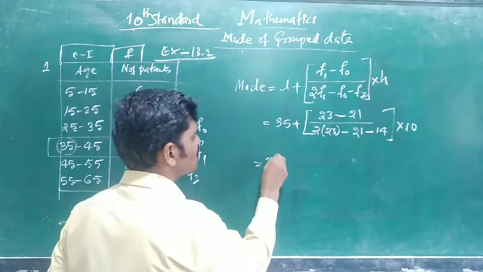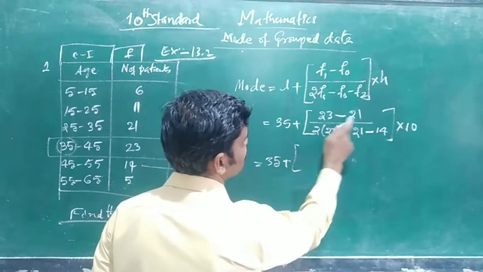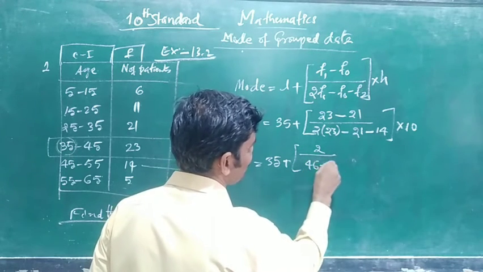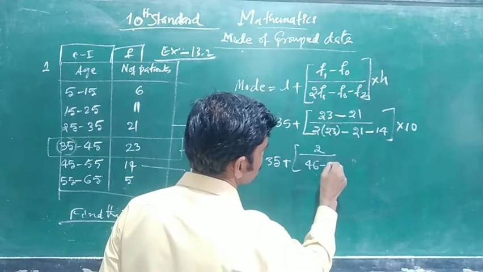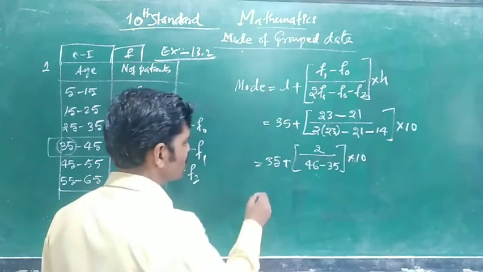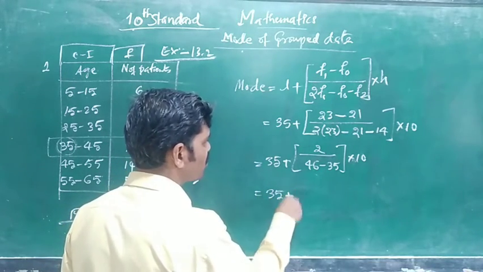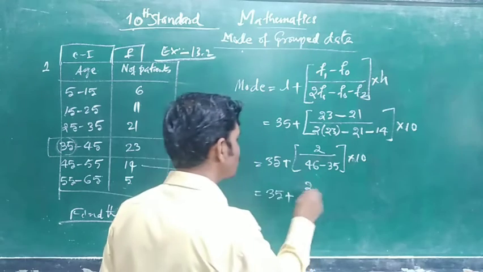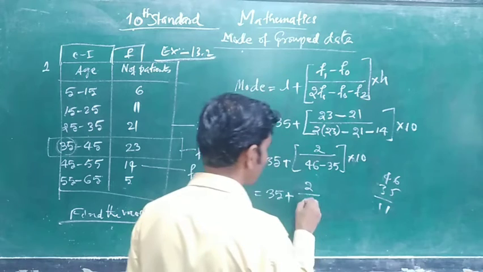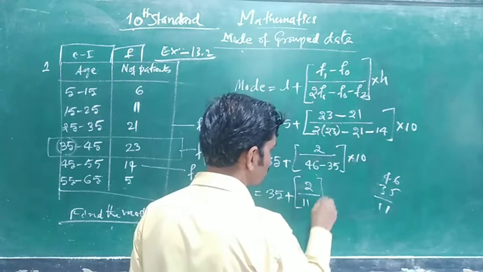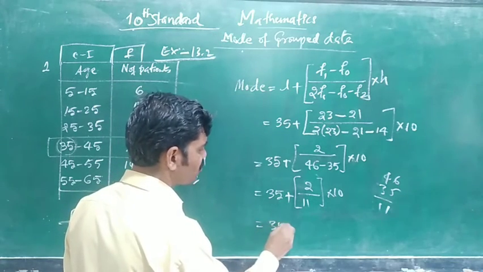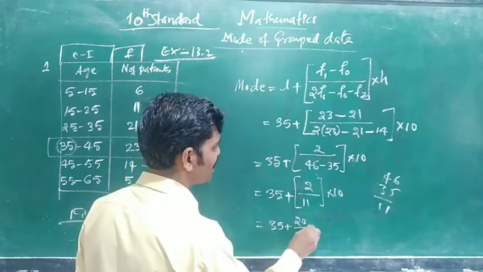So this is equal to 35 plus 23 minus 21, that is 2, over 46 minus 35, multiplied by 10. That's equal to 35 plus 2 by 46 minus 35, that is 11, multiplied by 10. So that is equal to 35 plus 20 by 11.